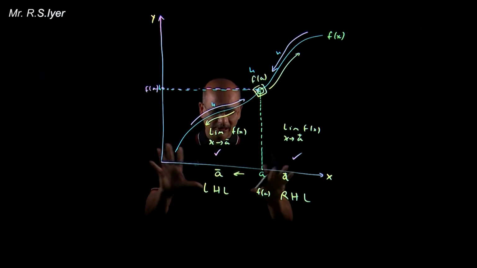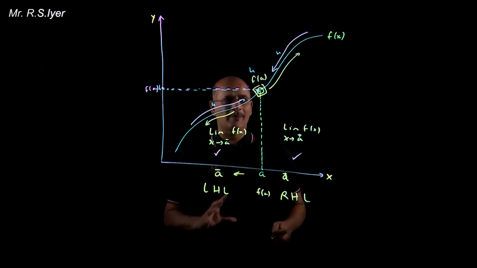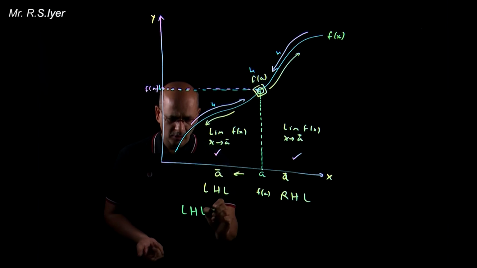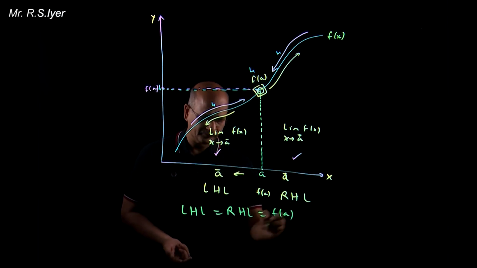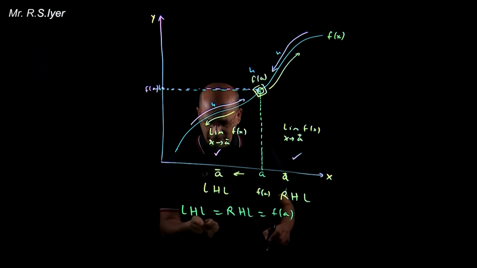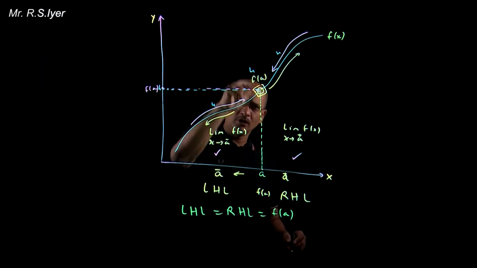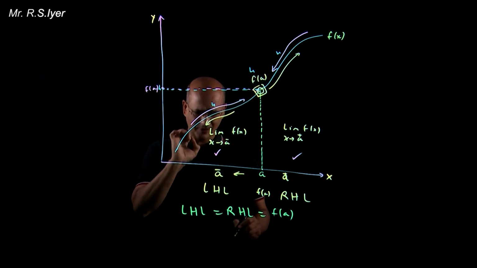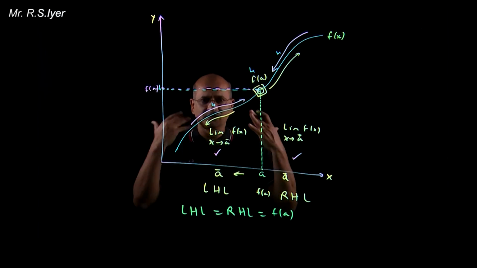If I want to interpret this in an algebraic format, I can say left hand limit is equal to right hand limit is equal to f of A. So the function will be continuous if left hand limit value 4, right hand limit value 4, and f of A is also 4. This is a very important thing, but when I show it algebraically it becomes very easy to understand.